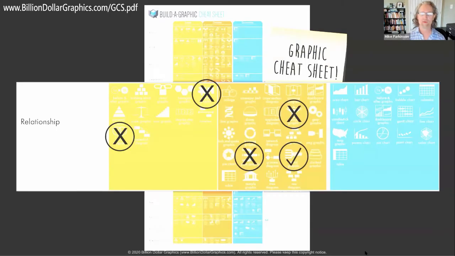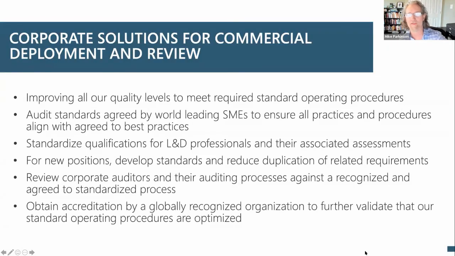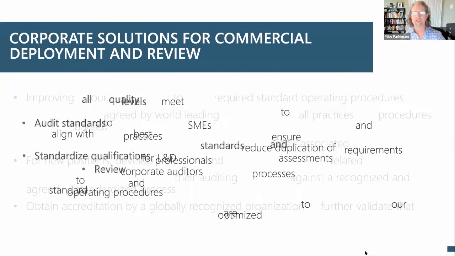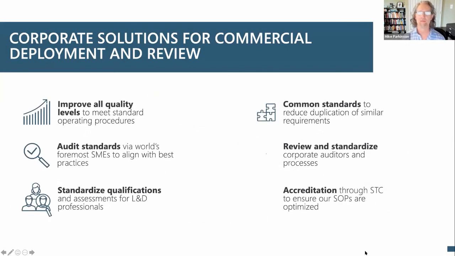So let's use that same graphic cheat sheet to come up with graphics using Build a Graphic in this instance. The first thing I'm going to do is go from this to this, which you saw earlier. We used Maxi Type. We have the icons, but let's show it instead of saying it.